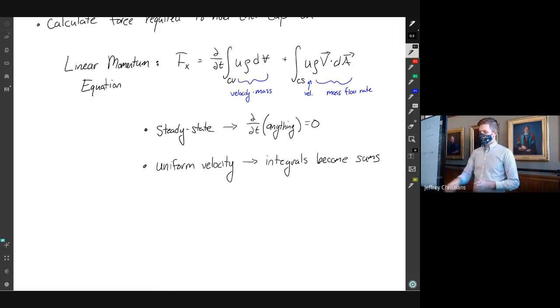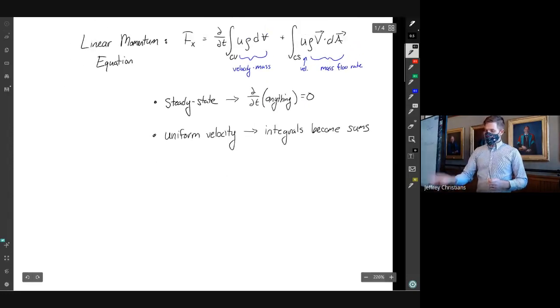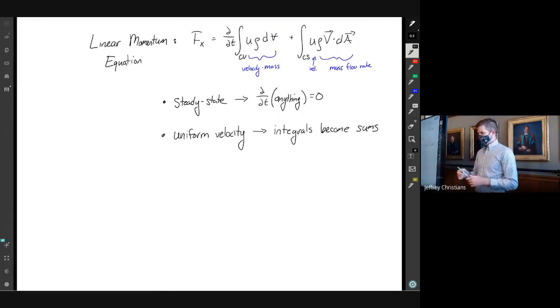Doing an integral is just doing a sum a lot of times over a whole thing that happens to be changing. But uniform velocity gets us out of the land of calculus and into just straight multiplication and sums. So with these two things, again, we're not going to use them all of the time, but most of the time.